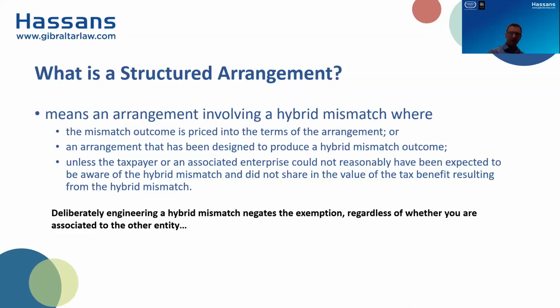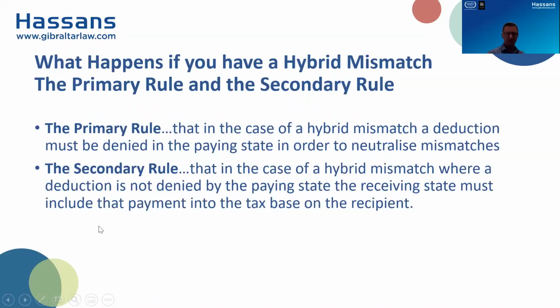But let's not forget, you also need to not share in the value of the tax benefit arising from the hybrid mismatch. So the taxpayer itself didn't share in the benefit; it was somewhere else. So basically, engineering a hybrid mismatch negates the exemption, regardless of whether you are associated to the entity.